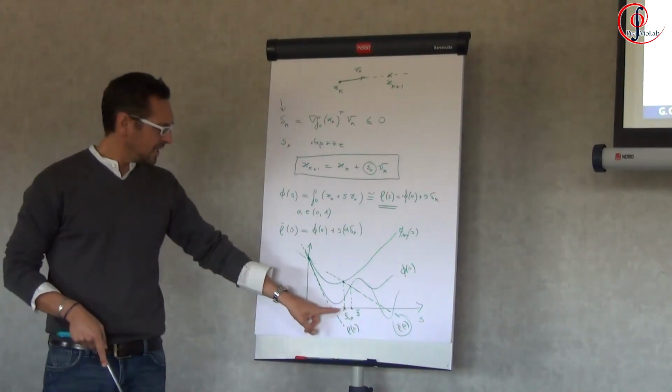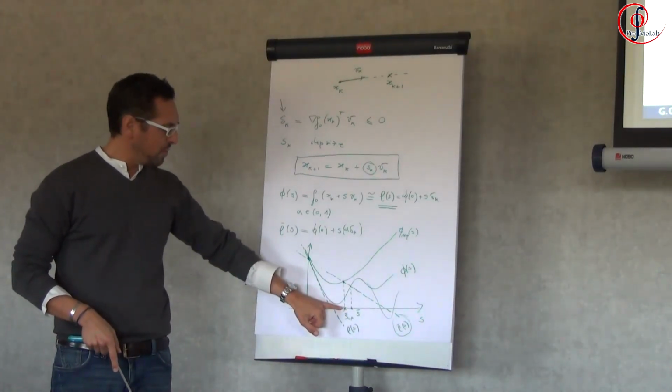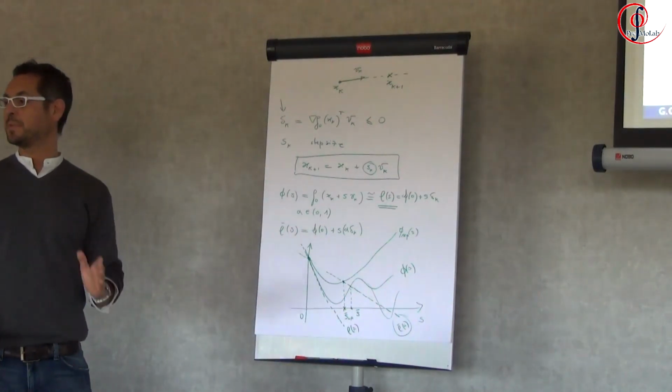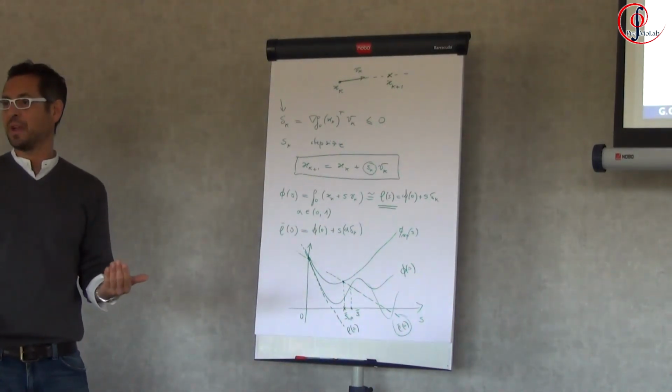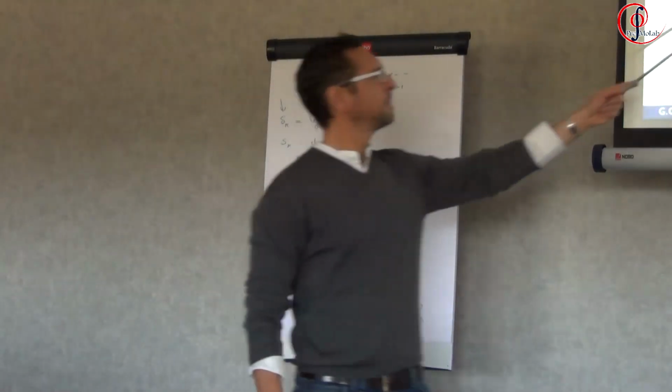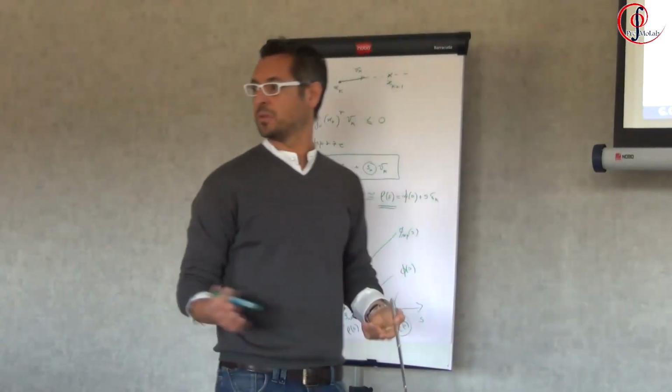Basically, first of all, we may choose just S up bar constant. Always the same step size will satisfy the Armijo condition. So this step size here satisfies the Armijo condition, right?